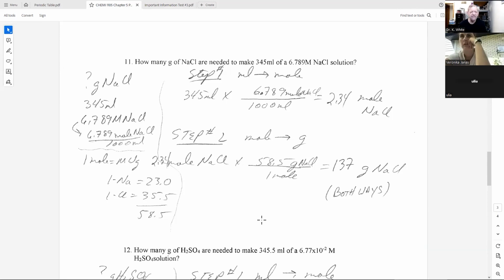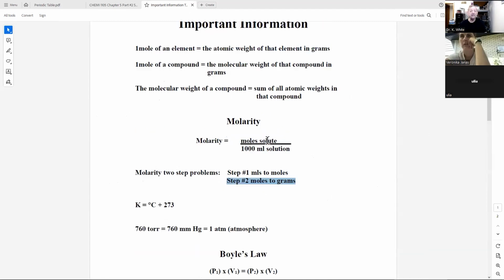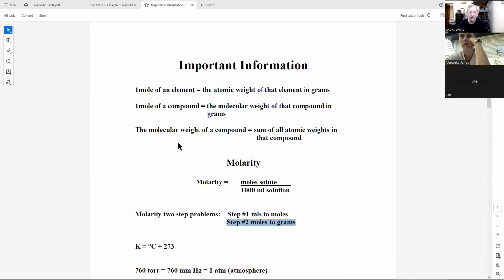Where do I get a relationship between moles of a compound and grams of a compound? Well, in case you forgot, you can look at important information, test number 3. One mole of a compound equals the molecular weight of that compound in grams. And the molecular weight of the compound is the sum of all atomic weights.